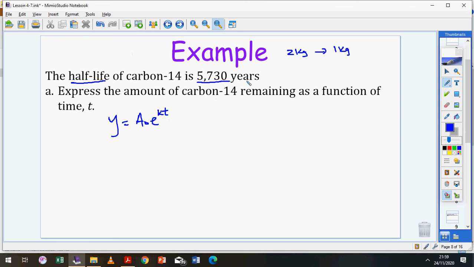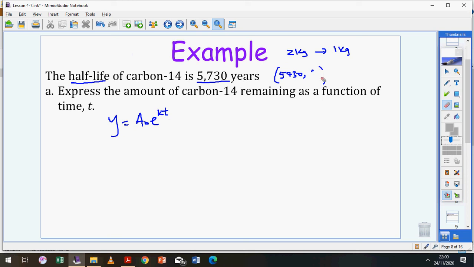What that means is that after 5730 years, when the t is 5730, the new amount left will be half of the original amount, right? I hope that makes sense. Because half-life is the time it takes for something to decompose to half its original mass or composition.